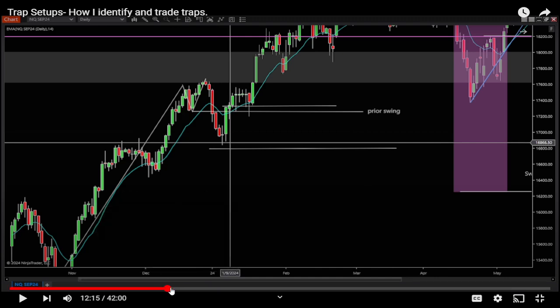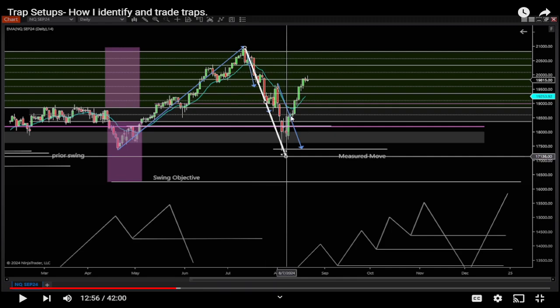Then I pulled up the daily chart and went over the trap that I was seeing potentially forming, but did not trigger until later on.